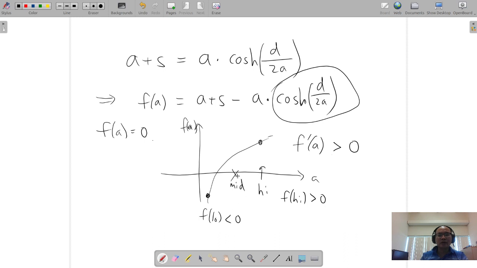If f of mid is above 0, you can move the high this way. And if f of mid is less than 0, you can move the low this way. We're basically doing a classic binary search where every step we make low and high closer and closer together.